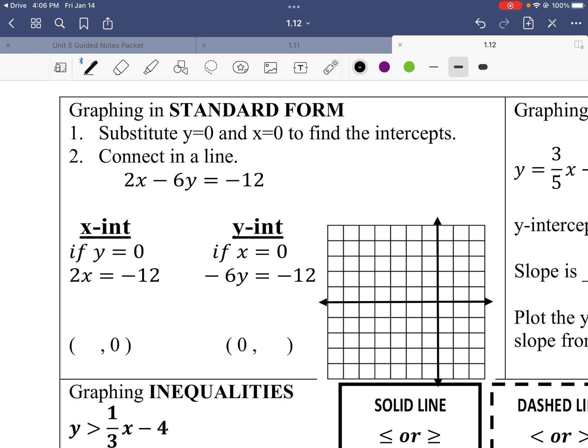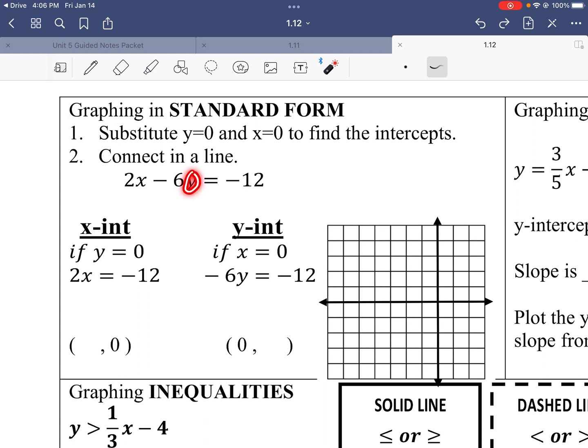So the first one is about graphing in standard form. Remember, standard form is when an equation of a line looks like this, where you've got x and y on the same side. The first thing we would do is find our intercepts. To find your x-intercept, you plug 0 in for y.